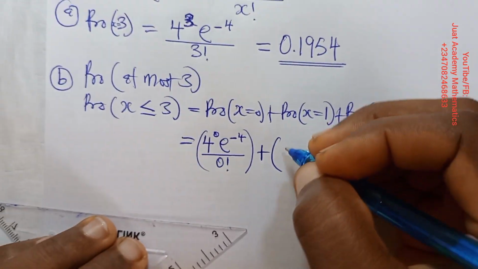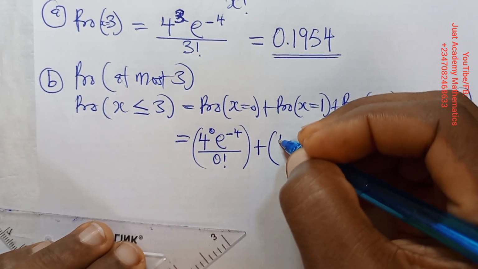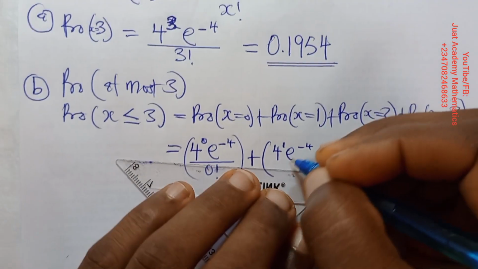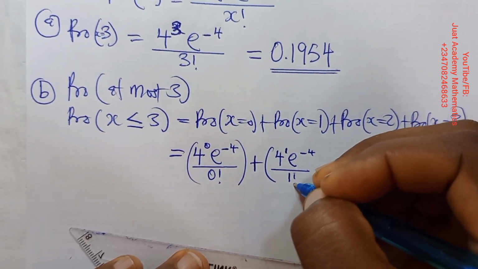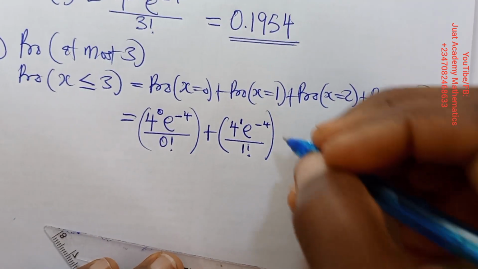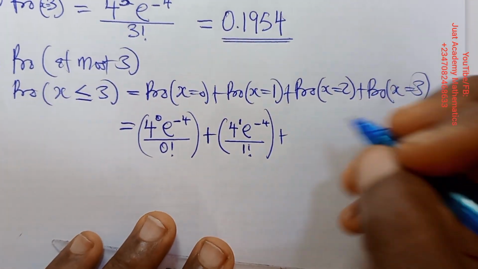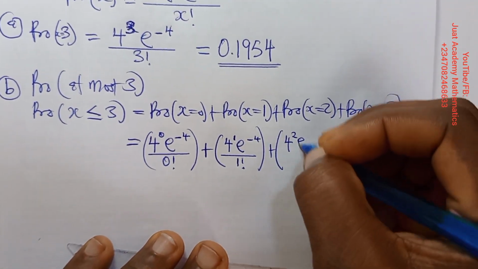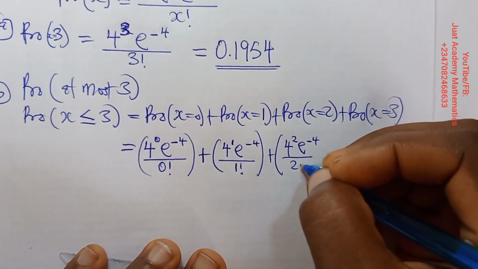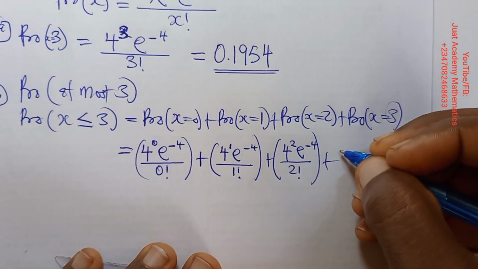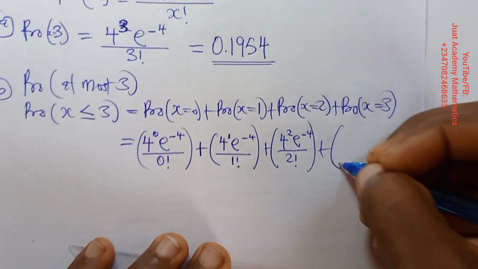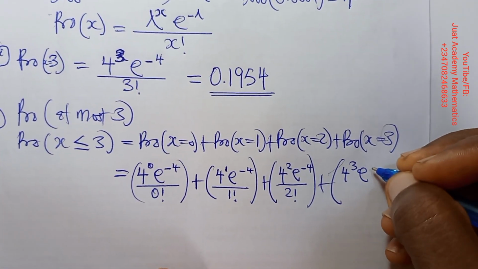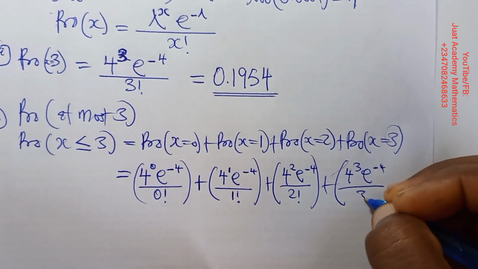Plus for 1, you have 4 raised to the power of 1, e raised to the power of minus 4 over 1 factorial. For 2, you have 4 raised to the power of 2, e raised to the power of minus 4 over 2 factorial. And for 3, we have already solved it, but let's just repeat. We have 4 raised to the power of 3, e raised to the power of minus 4 over 3 factorial.